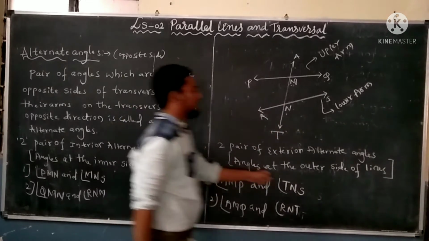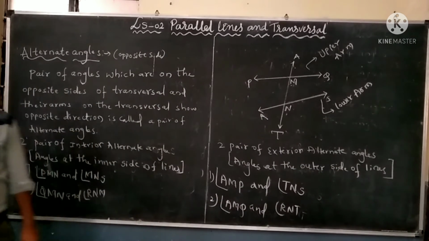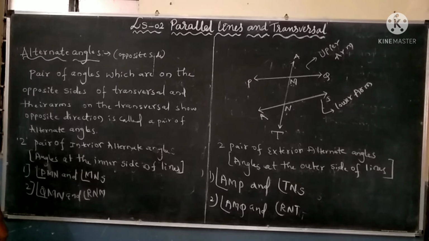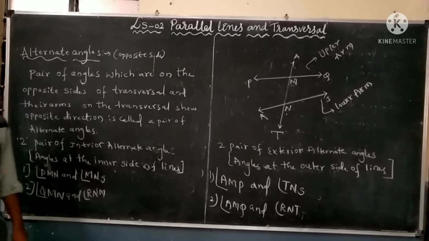These angles are at the outer sides of the lines: AMP and PNS, and AMQ and RNT.